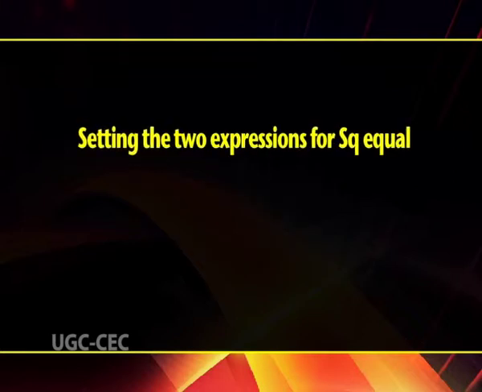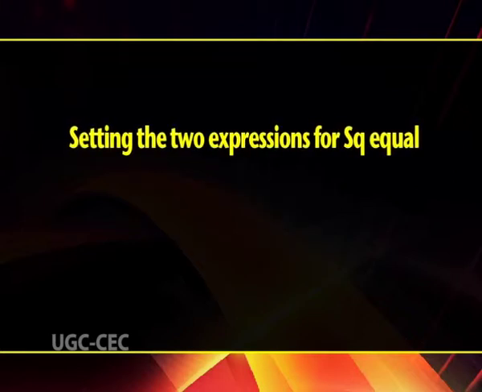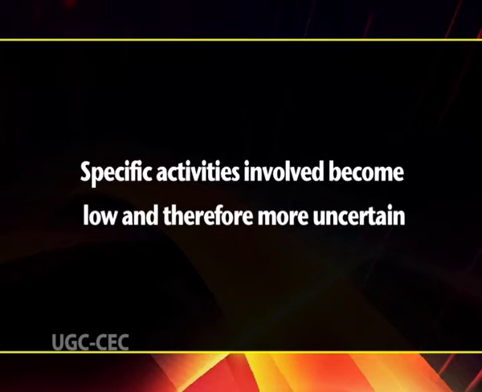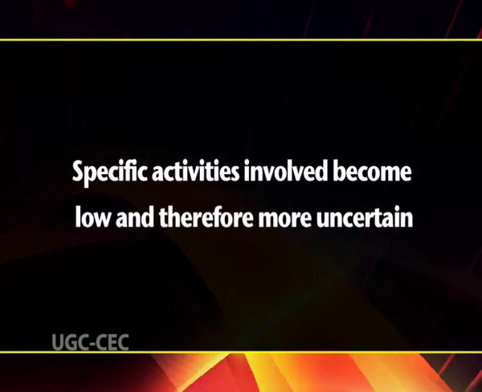Setting the two expressions for SQ equal, we have Q is equal to R SR minus P SP divided by SP minus SR. A major difficulty with double isotope dilution analysis is that because of the double dilution, the specific activities involved become low and therefore more uncertain.